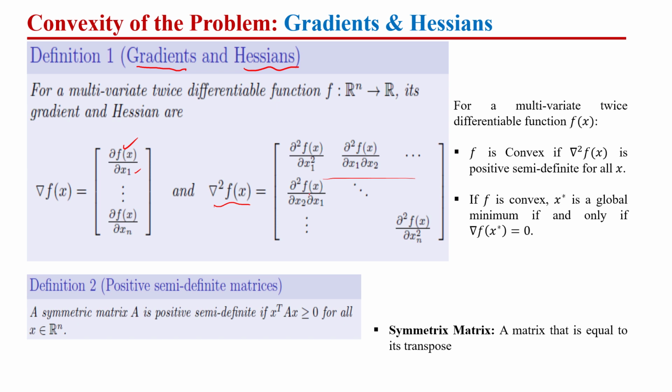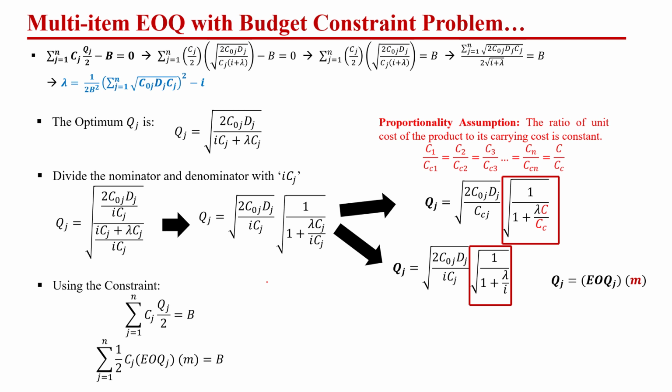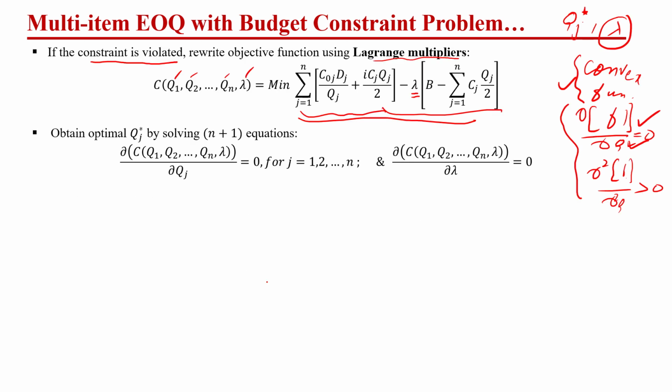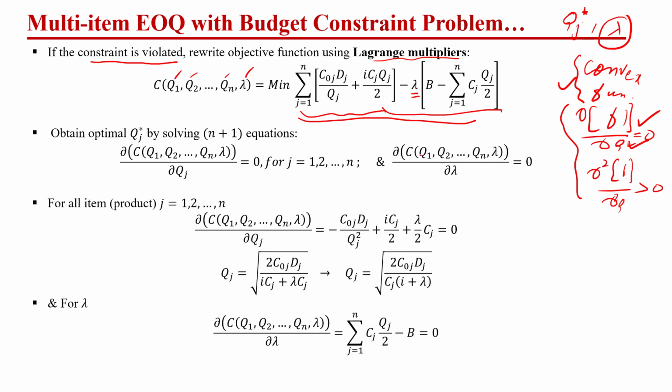In order to know whether that multi-item function is convex or not, this Hessian matrix must be positive semi-definite for all values of x, or in our case all values of q's and lambda. Positive semi-definite means this should be greater than or equal to 0. That is basically the mathematical property behind it. So right now we know that this is a convex function.